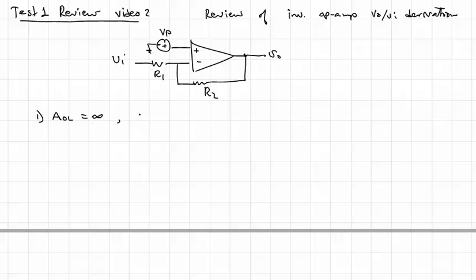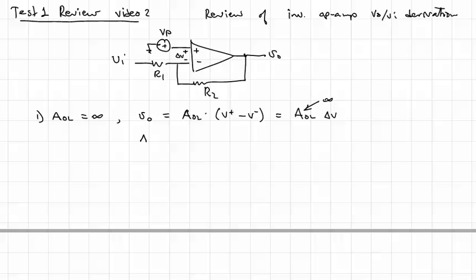Recall that in general the op-amp output voltage is going to be some open loop gain, AOL, times V plus minus V minus. Those are the two inputs to the op-amp. We can label the differential voltage delta V, and rewrite VO as the open loop gain times delta V. For an ideal op-amp, this is going to be infinite, and we're going to assume that in this case.